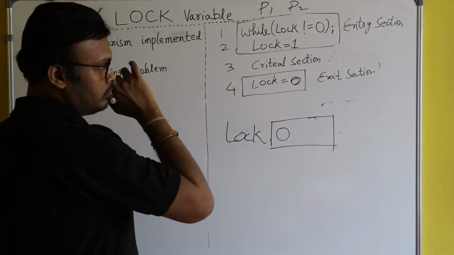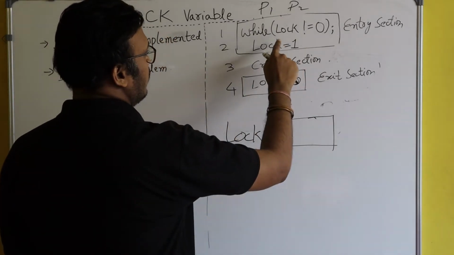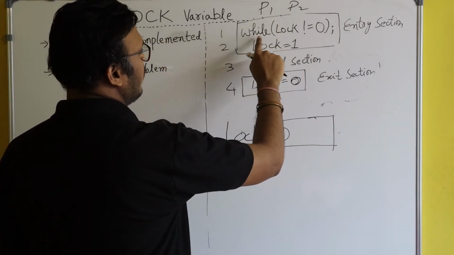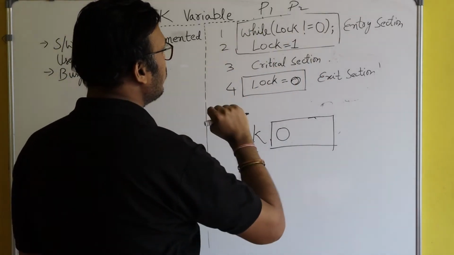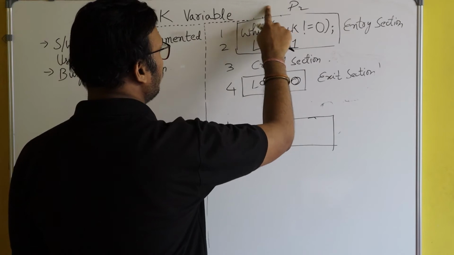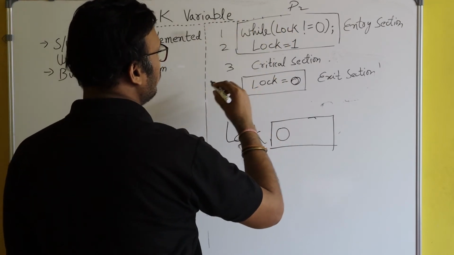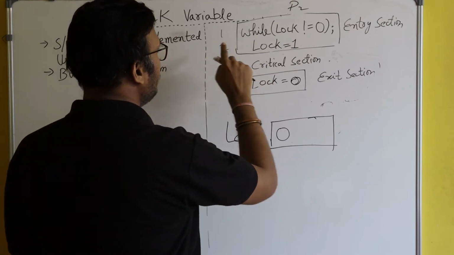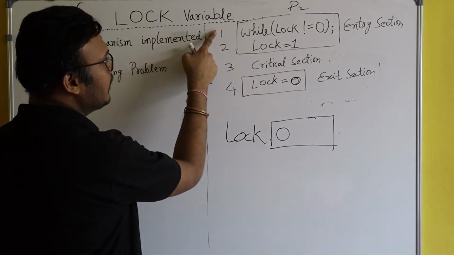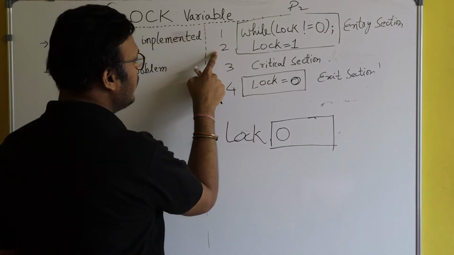Now in the while loop, 0 is not equal to 0, false. So the while loop will be broken. So now P1 will go to line number 2. You see, P1 has executed line number 1 and now P1 will go to line number 2.